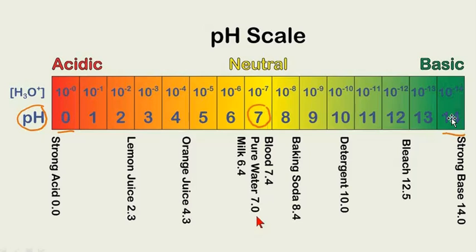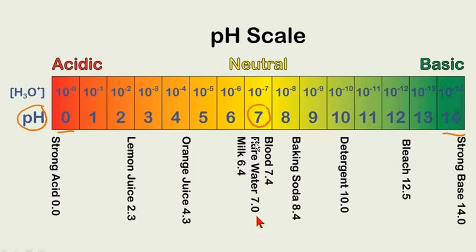I hope you all understood. The pH scale, Sorensen scale, ranges from 0 to 14, 0 being the strongest acid, 14 being the strongest base, from 0 to 7 acidic, from 7 to 14 basic, exactly 7 neutral.